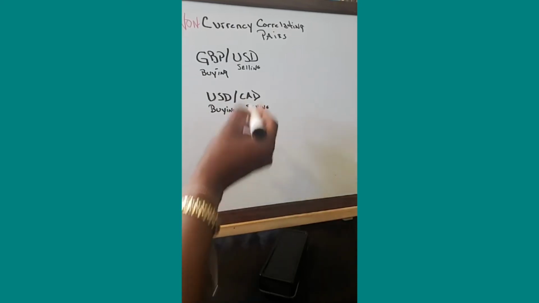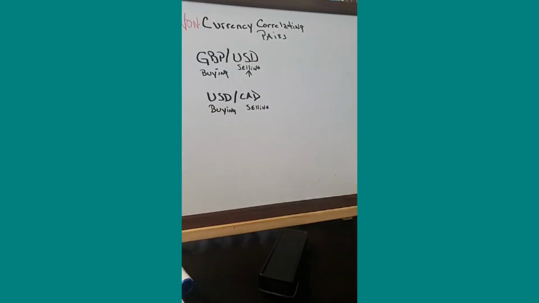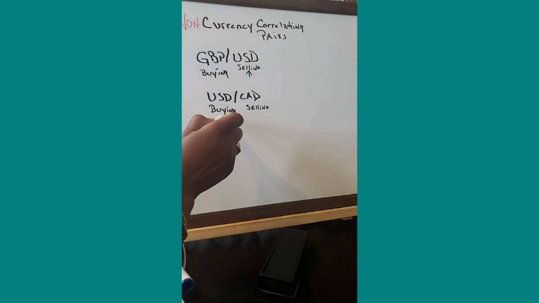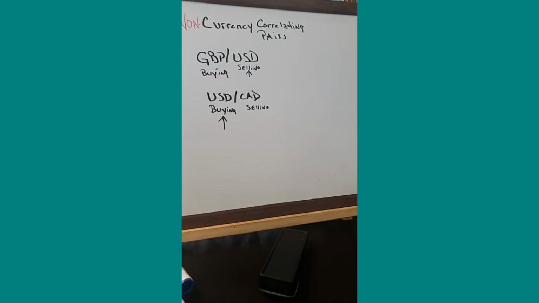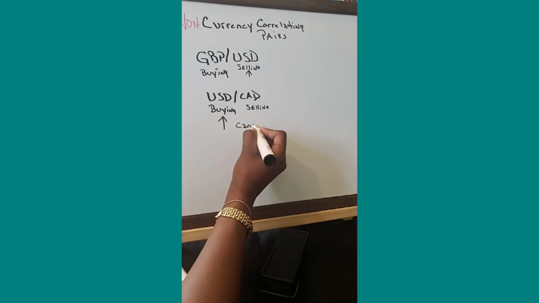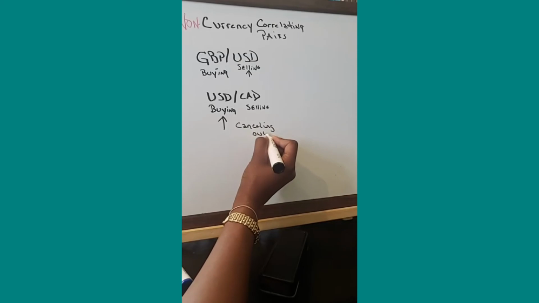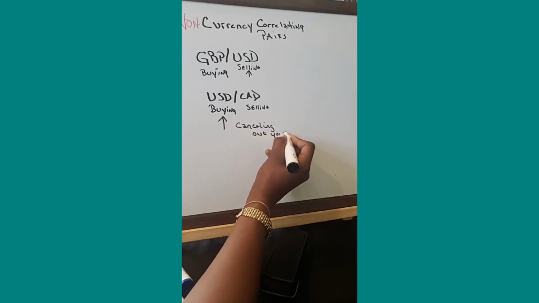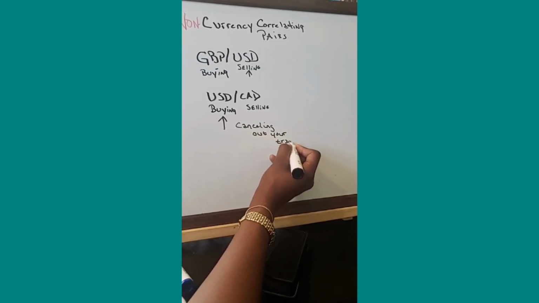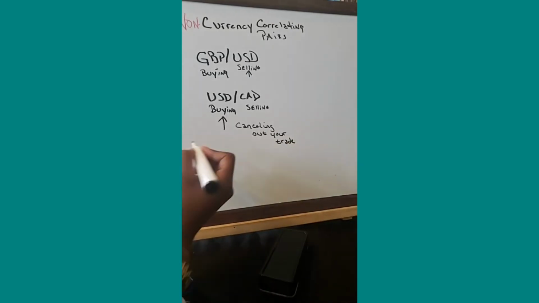let's take a look at what's happening here. I'm already selling it here. You cannot buy and sell USD or any other pair at the same time. You will be canceling out your trade. Okay? So make note of that.